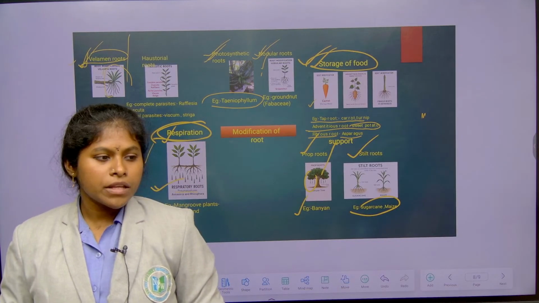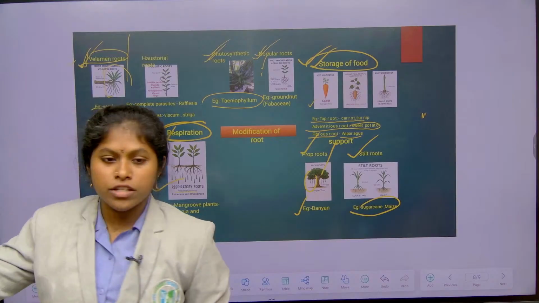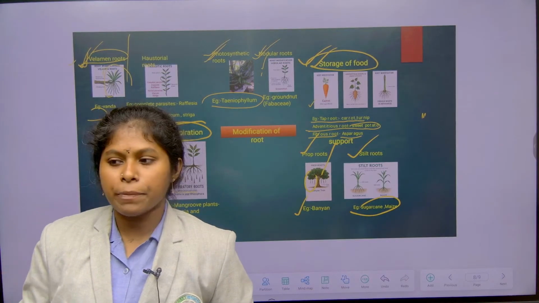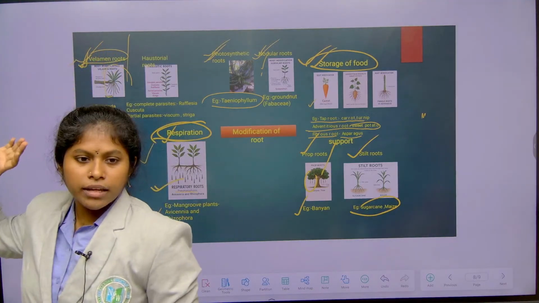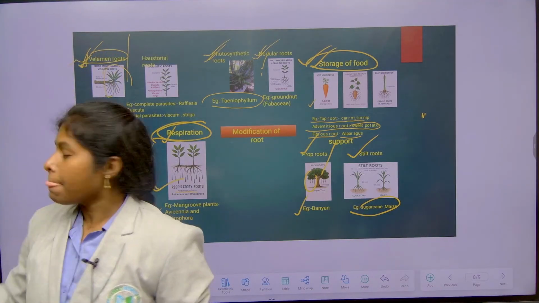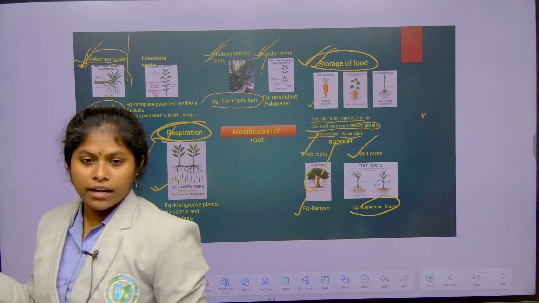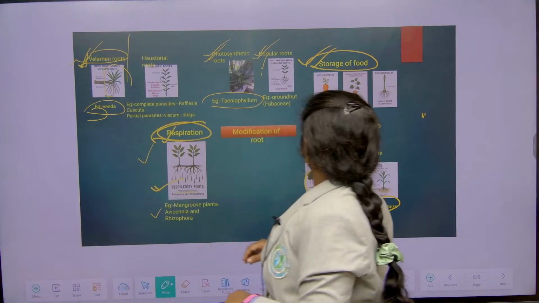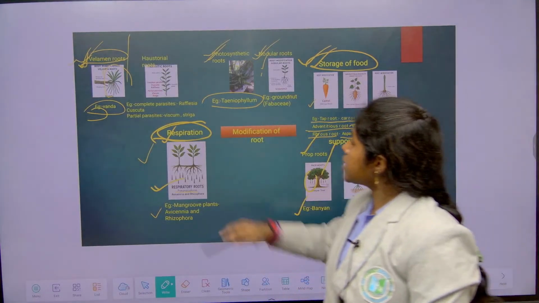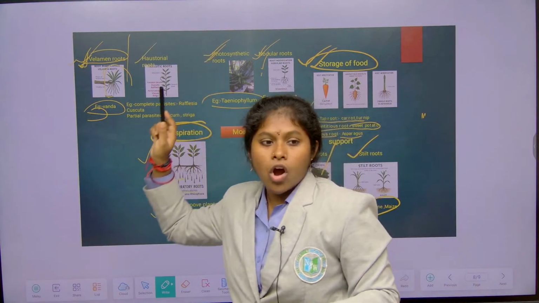Yes, no? So the plant also absorbs moisture from the atmosphere, and it prepares its photosynthesis. Okay. They are not dependent, but they are growing on other plants. The example is Vanda.